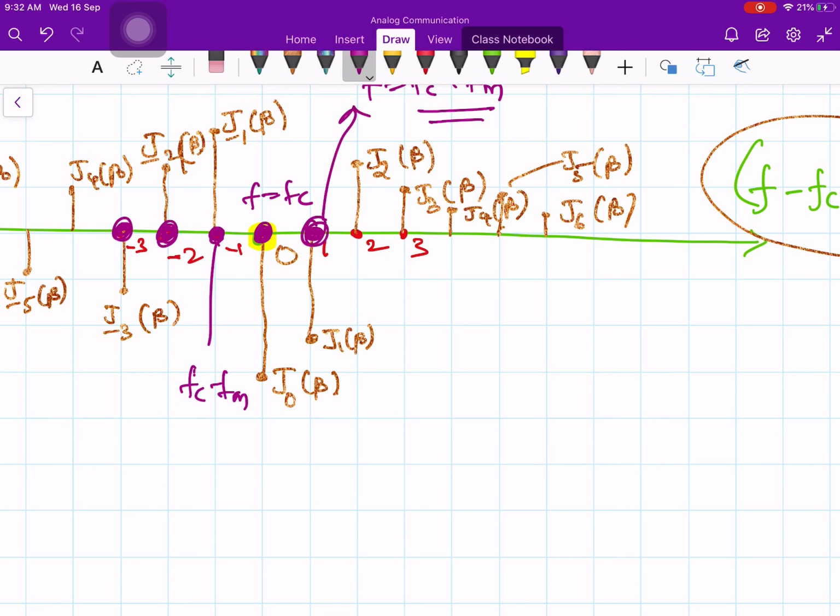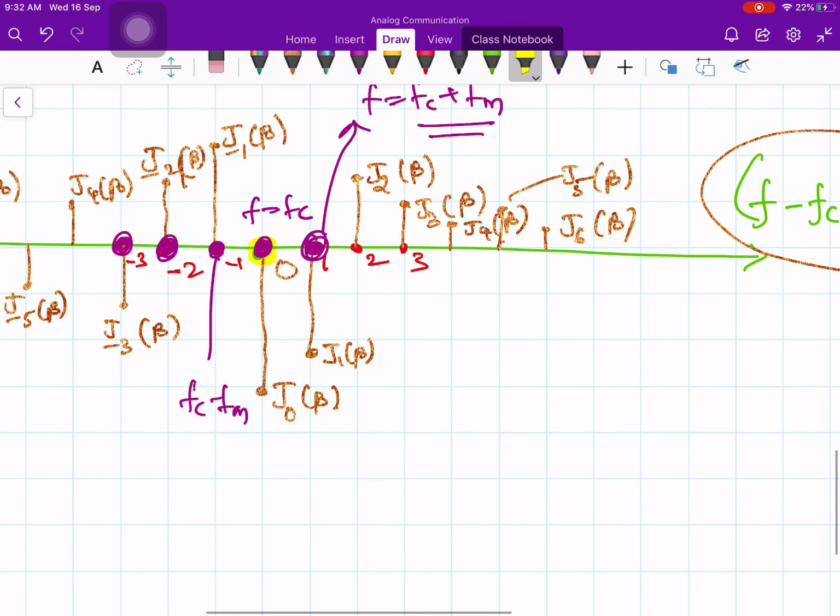J minus 1 of beta is here, and J1 of beta is here. Both have opposite signs, but J minus 2 of beta and J2 of beta have the same sign. Why? Because of the Bessel function property. Similarly, J3 of beta and J minus 3 of beta have opposite signs, and so on.